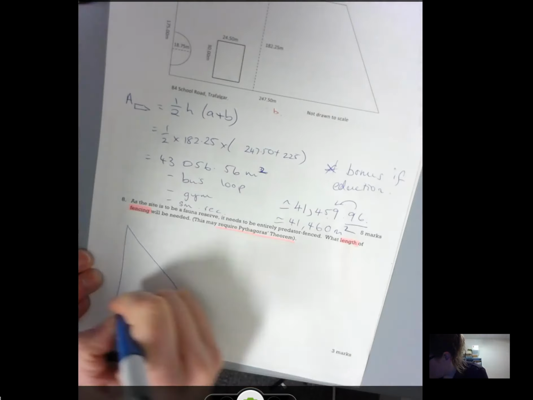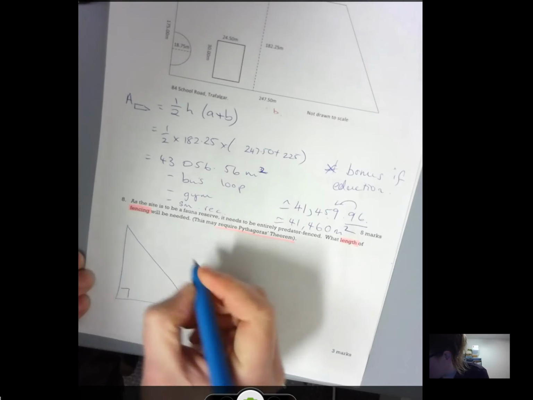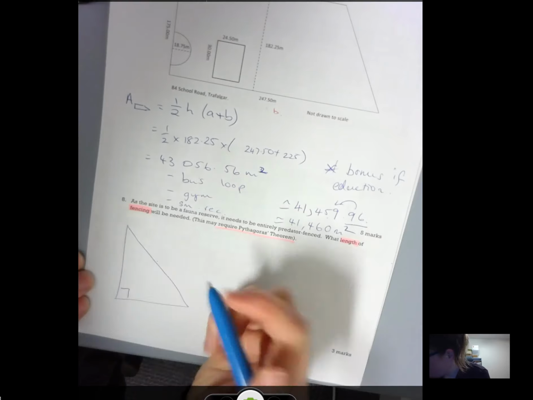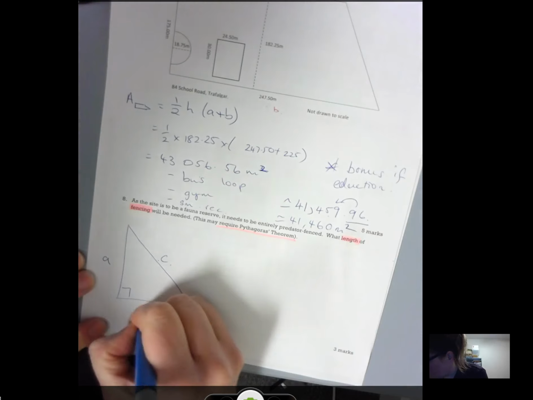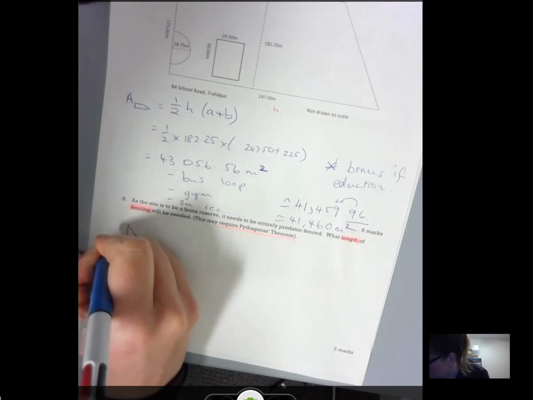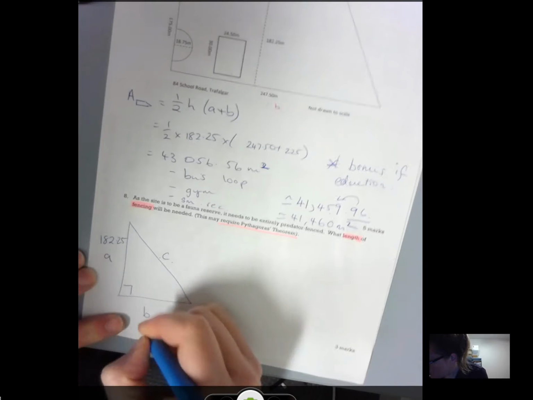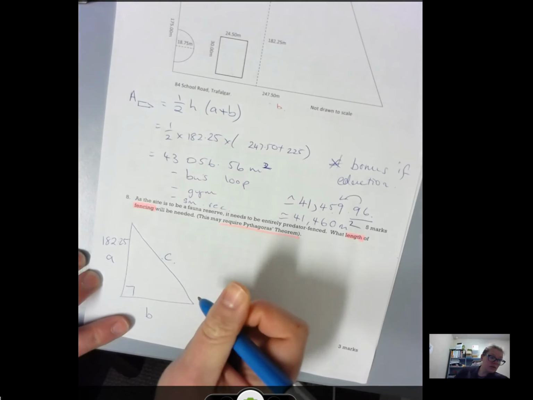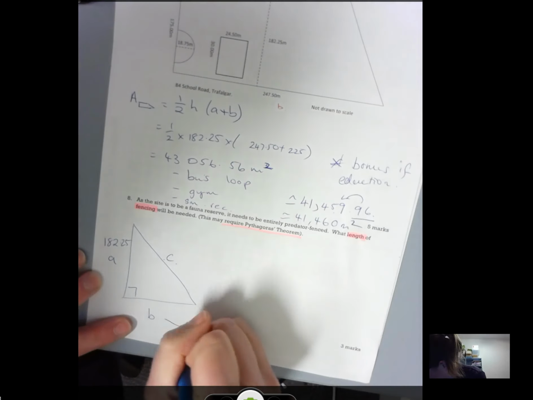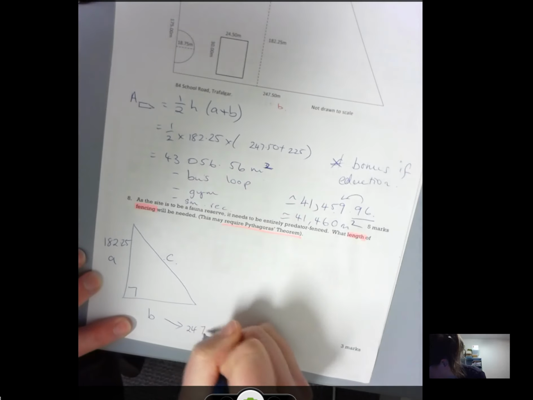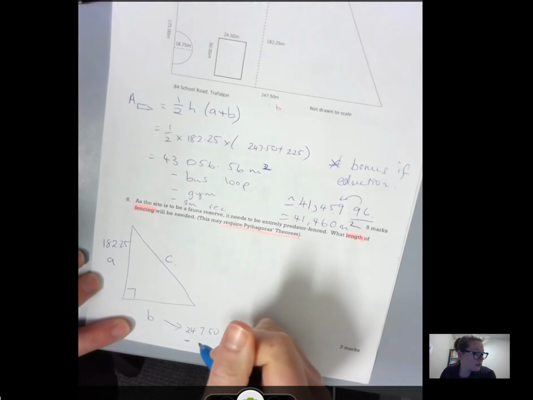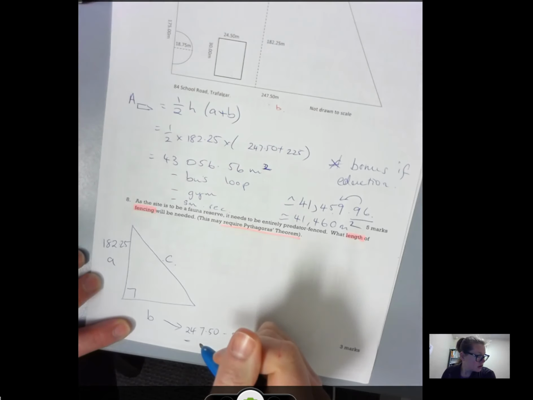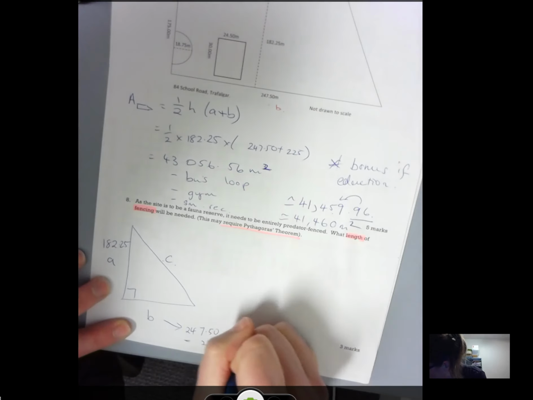Now the last one, in order to find the perimeter, you had to use Pythagoras to work out this length here with your A and your B. Your A is the height of the triangle, your B is the base of the triangle, which you find by doing 247.5 minus 225, which gives you a length of 22.5.